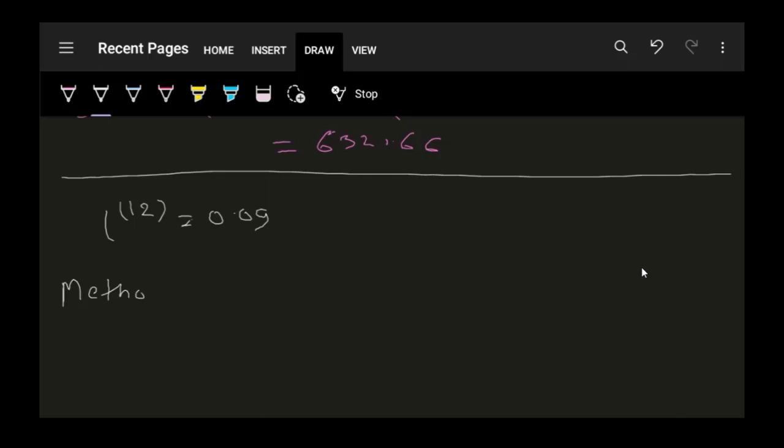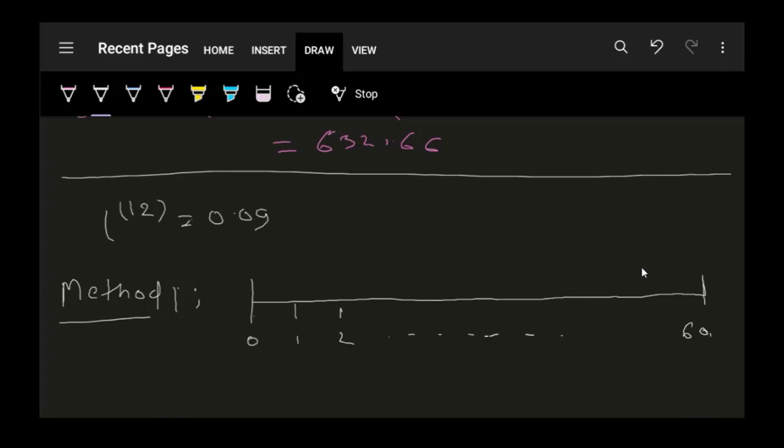So if we use our method 1, we'll break the timeline of 5 years into months. Since there are a total of 60 months in 5 years, and so on.